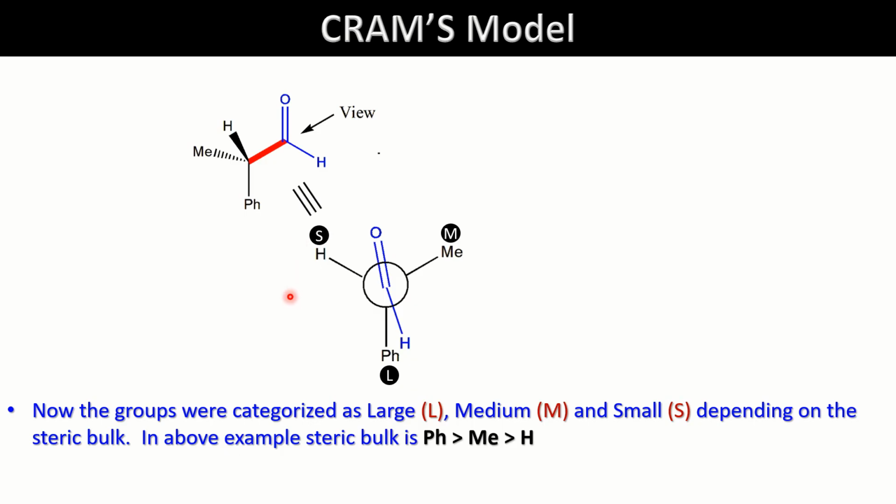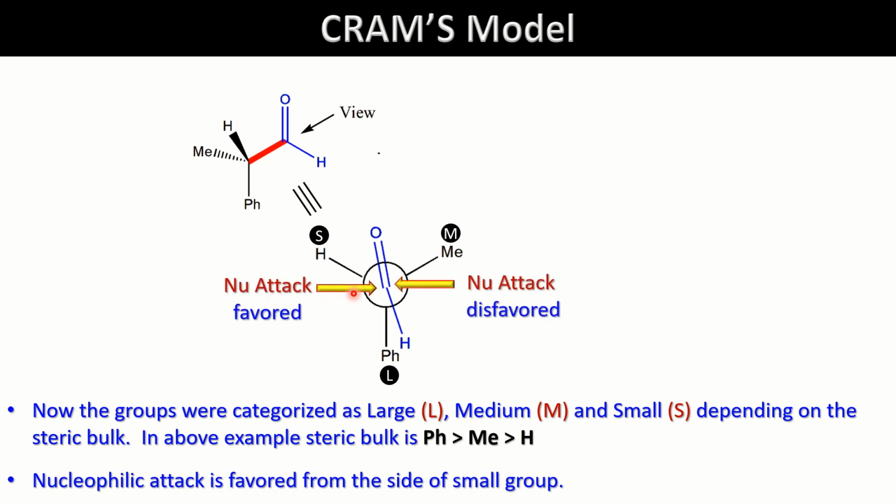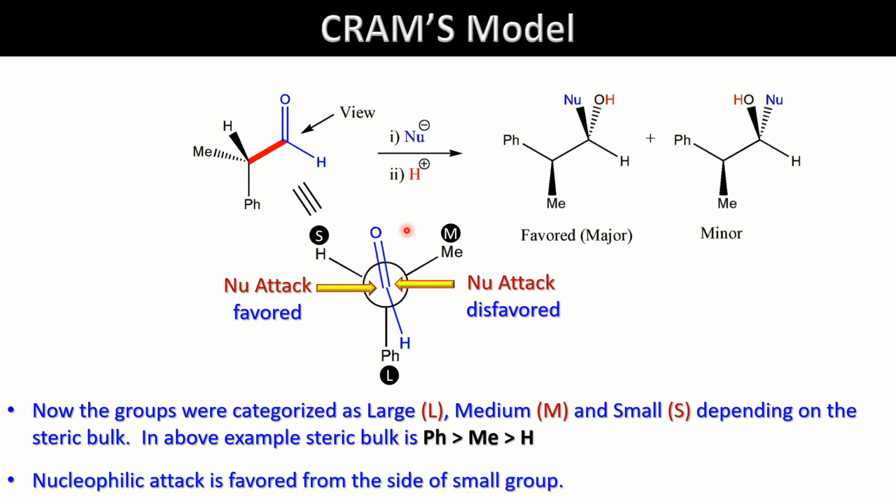Now the nucleophile will attack this carbonyl carbon from either this side or that side, and it is obvious that nucleophilic attack will be favored from the side of a smaller group, and that's what Cram said in his paper. So if we consider this hydrogen and Me, here the hydrogen is having a smaller bulk. That means nucleophile will come favorably from the top face. That means OH will go down. That means this product will be major product.